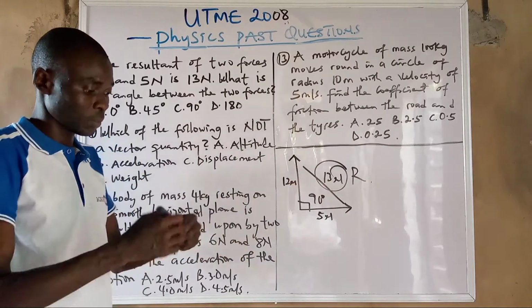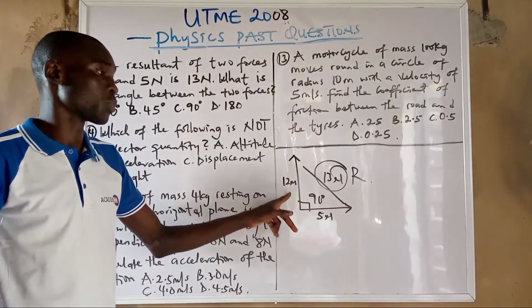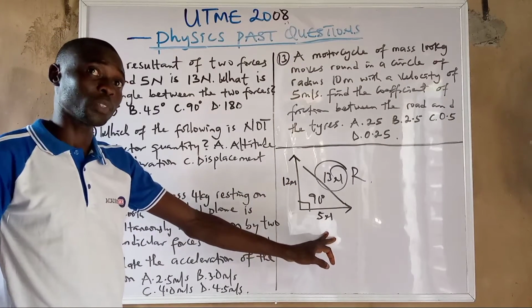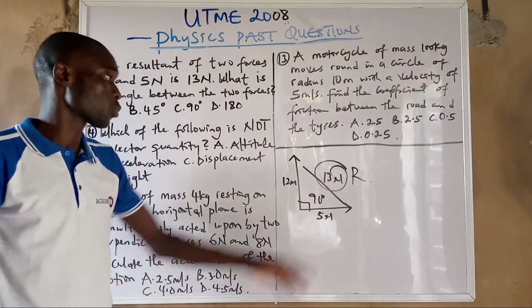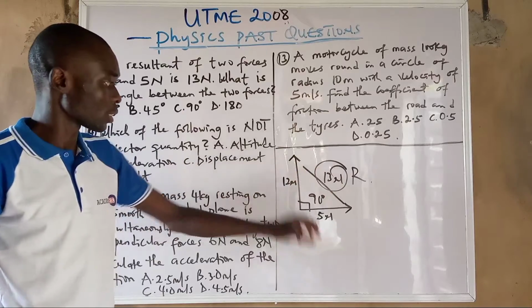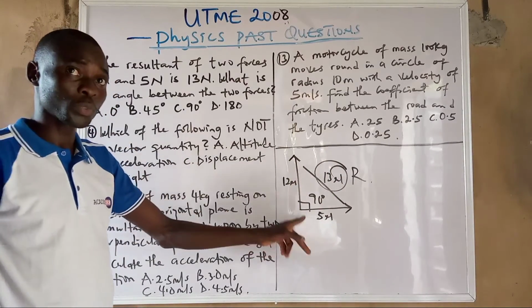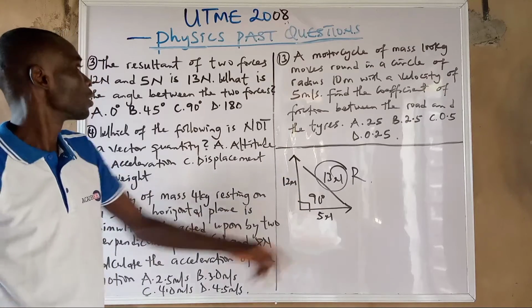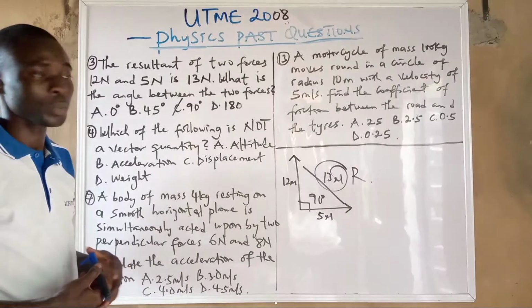From Pythagoras, the square of 12 is 144, the square of 5 is 25. Putting them together, we get 169. The root of 169 is 13. So the angle between them should be 90 degrees. Coming to the options, C will be the right option.